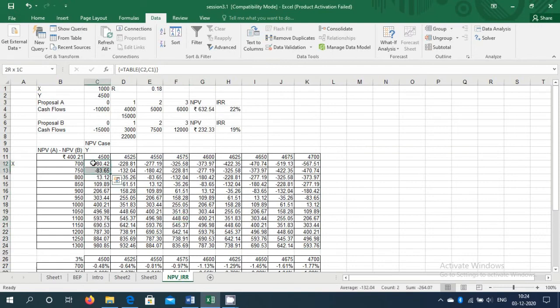Here you can see 1000 and 4500, 1000 and this is 4000. 1000 is for x and 4500 is for y. So for 1000 and 4500, it is coming 421. That is the difference between this one and this one. Over here we are finding this value 421.